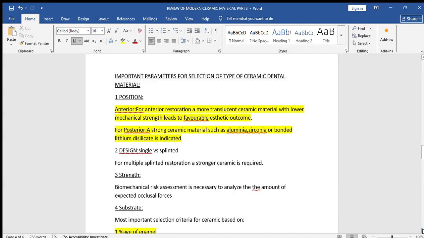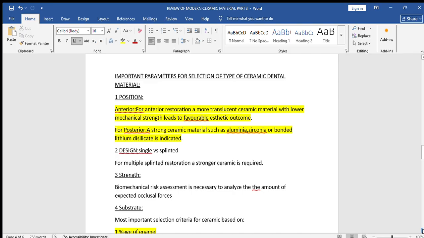Now, anterior teeth require more translucent restorative material due to aesthetic requirements. So, which type of ceramic will we use in aesthetic areas, particularly in the anterior region, where there are high aesthetic requirements? Feldspathic ceramics, but it has drawbacks.